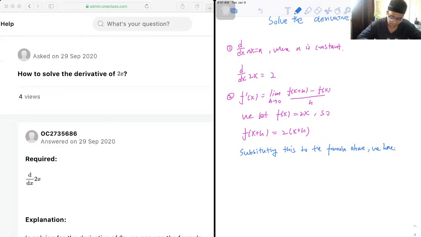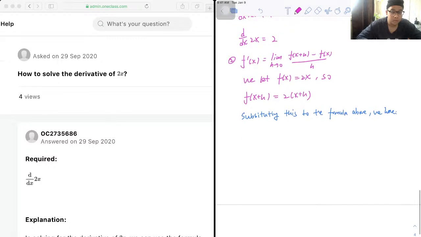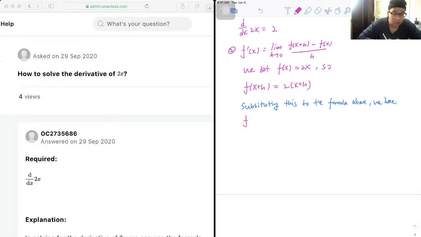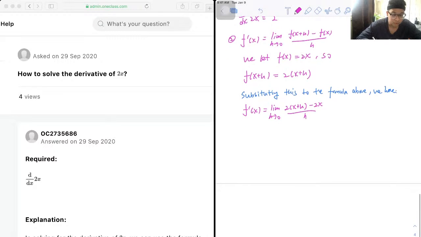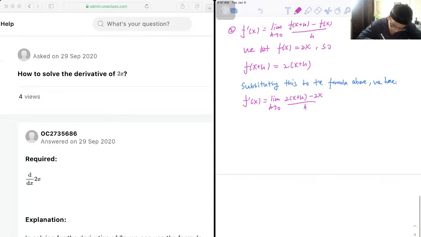We have the derivative of f(x) is equal to the limit as h approaches 0 of 2 times (x+h) minus 2x over h, which is also equal to 2x plus 2h minus 2x over h.